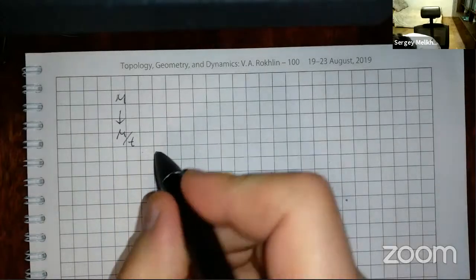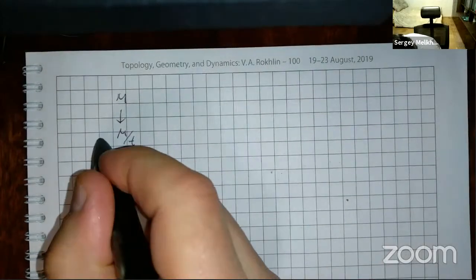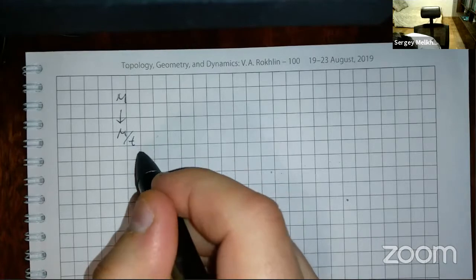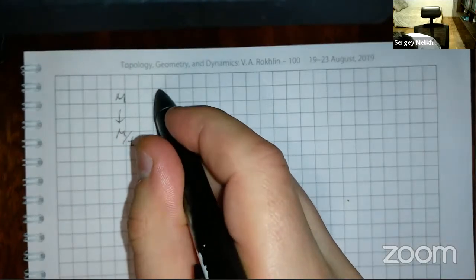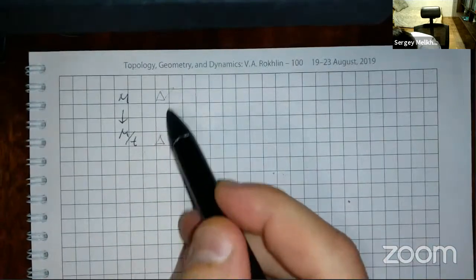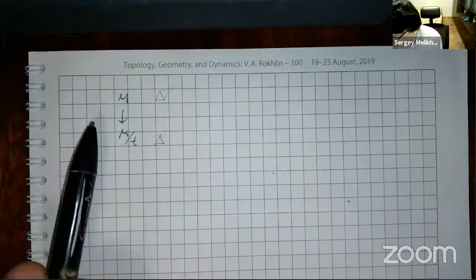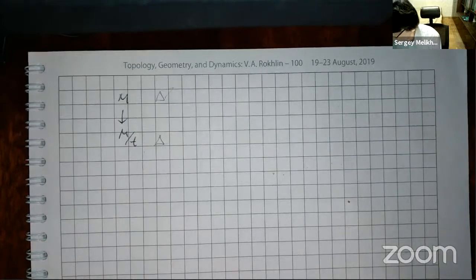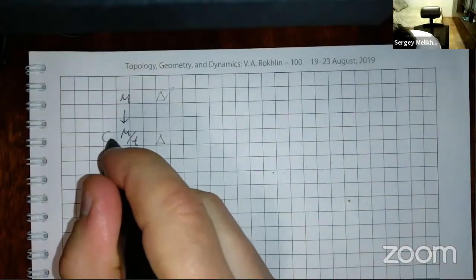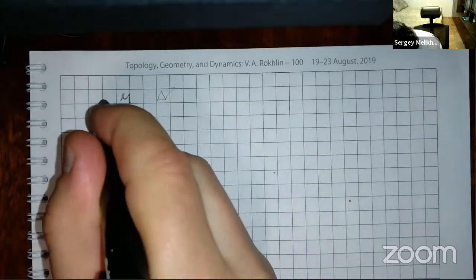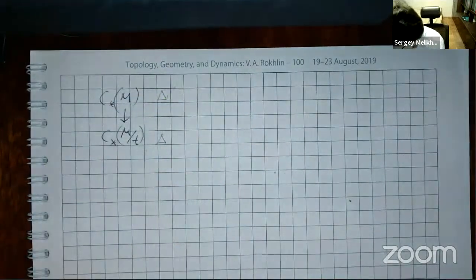Okay. So then we take some triangulation of this quotient, and there is a triangulation of M such that the double cover is simplicial. Then we have chains of this quotient and chains of the double cover.